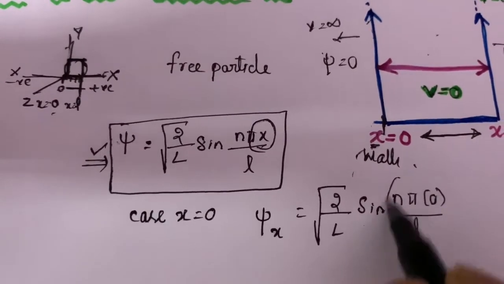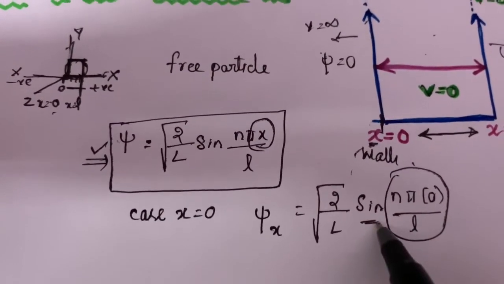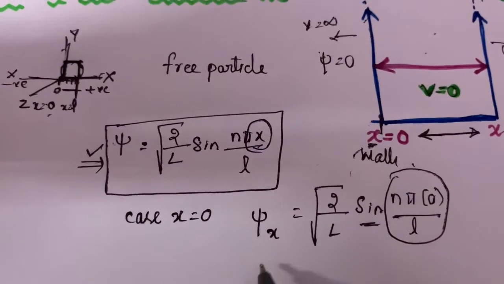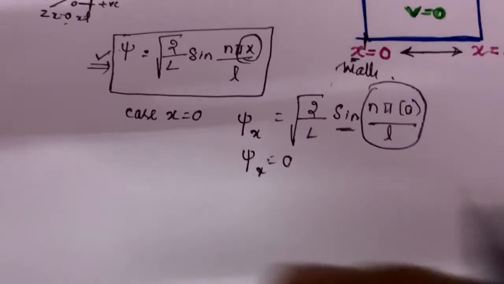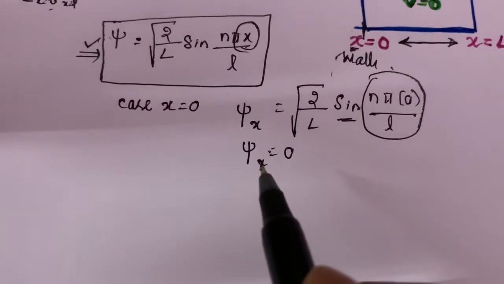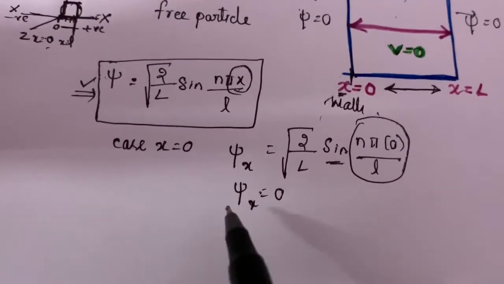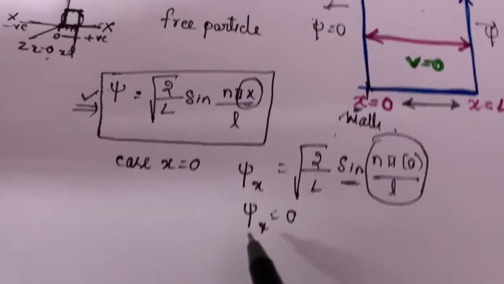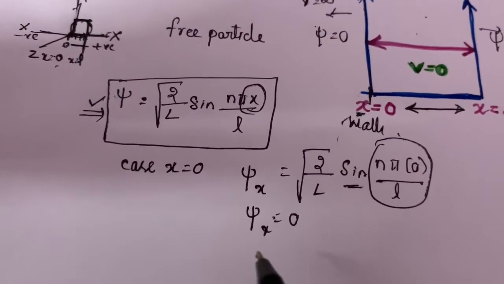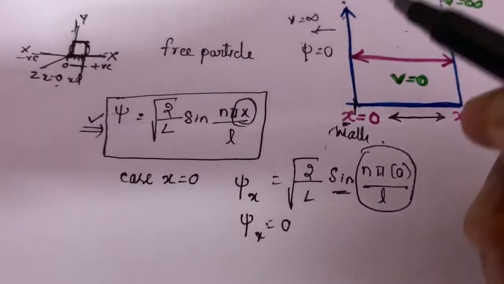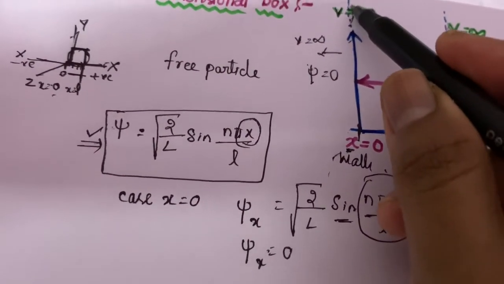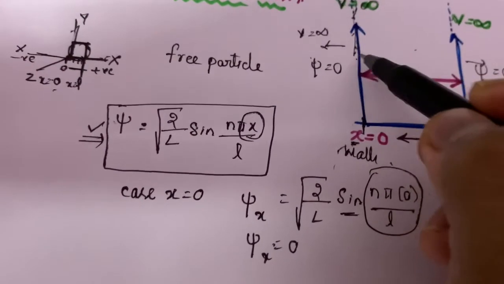The total value becomes 0, since sine 0 is 0 and multiplied with this, it becomes 0. So psi we get the value 0. 0 means there is no particle existing along the walls. If there is no particle, there is no need to talk about any properties, right? That indicates that along the walls the particle will never exist. Is it clear? The particle cannot exist along the walls. It will exist only inside the box.